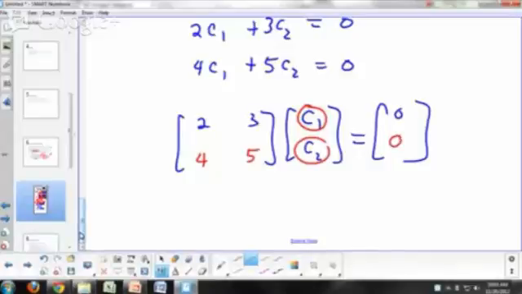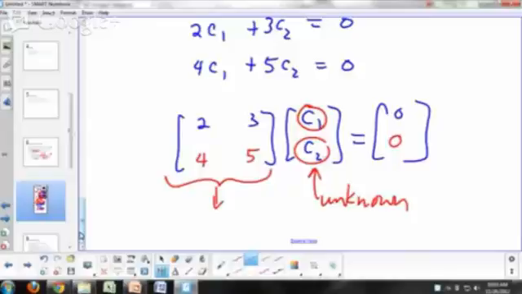Okay, so this is your unknown coefficients, and these are actually the unknowns, and these are the coefficients of the unknowns right here: 2, 3, 4, and 5. Okay, this is where we derive the secular determinant.